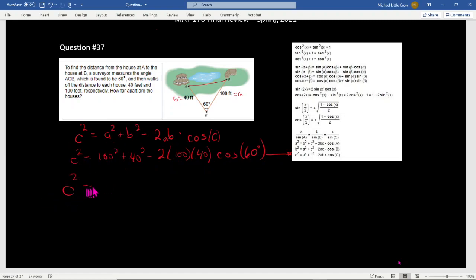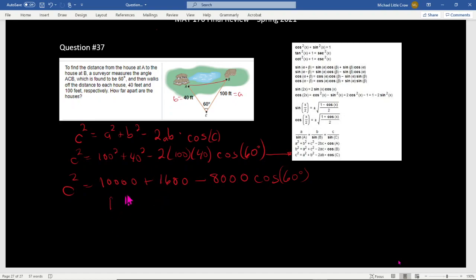So c squared: 100 squared is 1 with 4 zeros, 10,000. 40 squared is 4 times 4 is 16 with 2 zeros, 1,600. And 2 times 100 times 40 is 8,000. Cosine of 60. 16, 40, 40 is 16, yeah.